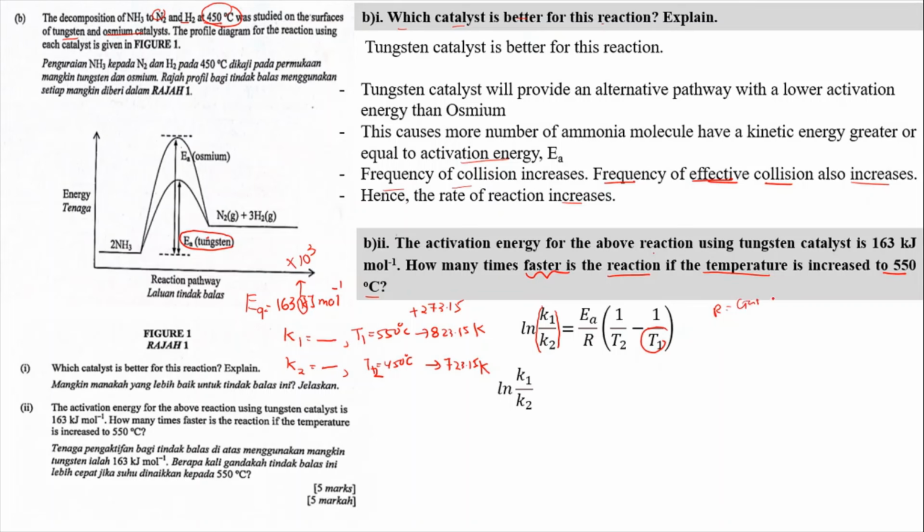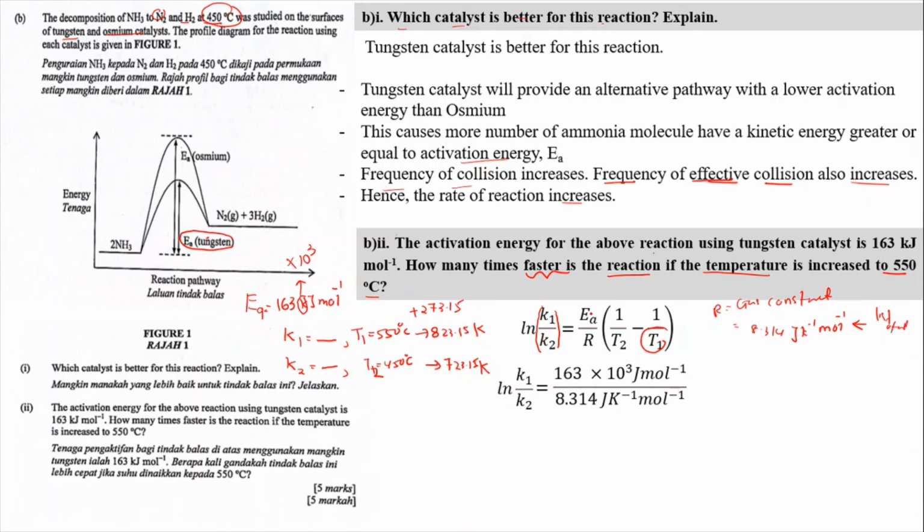You can find the value of the gas constant in the list of constants that I showed in the earlier part of the video. So the gas constant here is 8.314 joule per Kelvin per mole. You can get that in the list of constants.